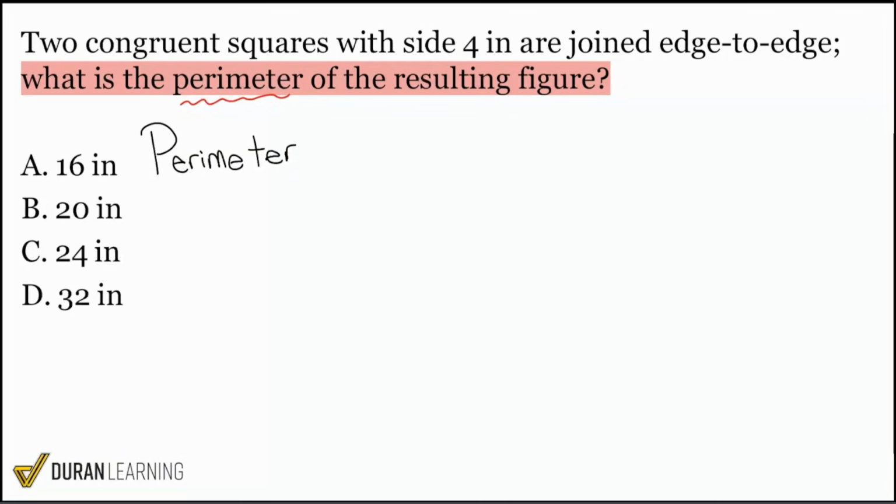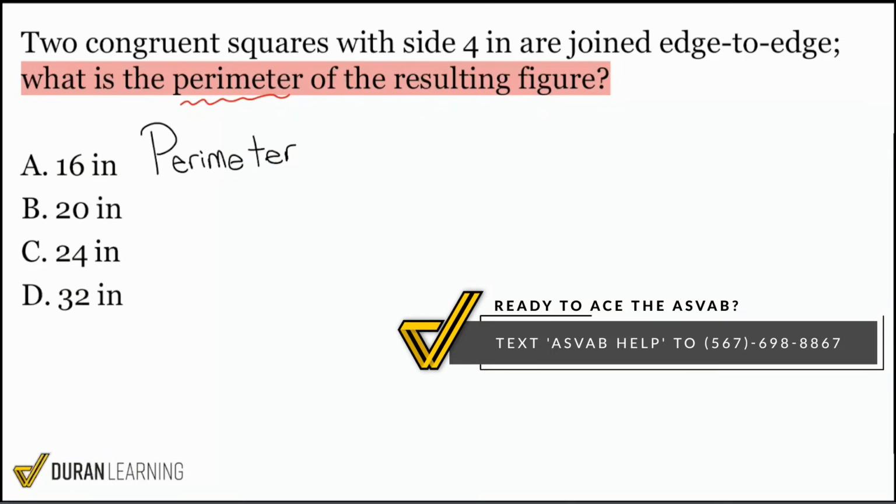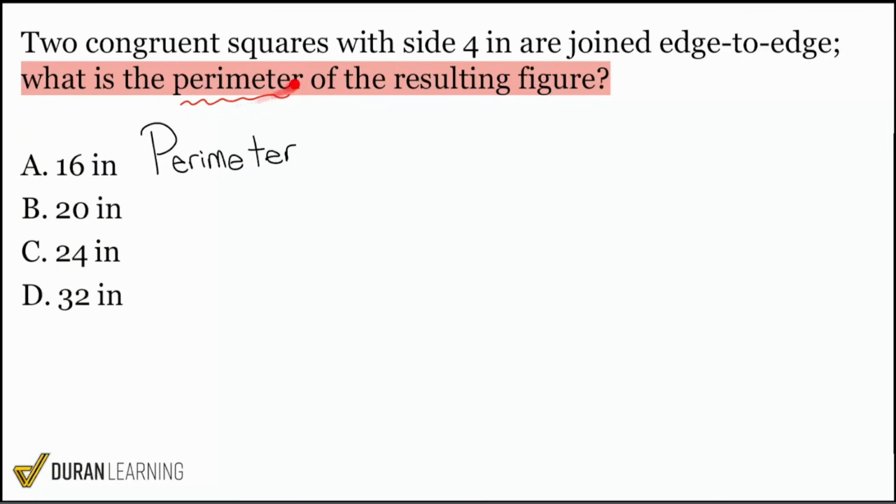Starts with an O, O-U-T. We're talking about the outside of a shape. That is correct. So keep that in mind. You know, we have this hyper-specific geometry word, perimeter. We all know that that means that we are adding up the distance on the outside of the shape.